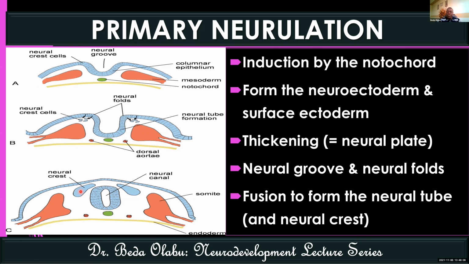We call these ones neural crest. Neural crest cells participate in formation of the peripheral nervous system, among many other derivatives that in the lecture on neurulation you may have captured.